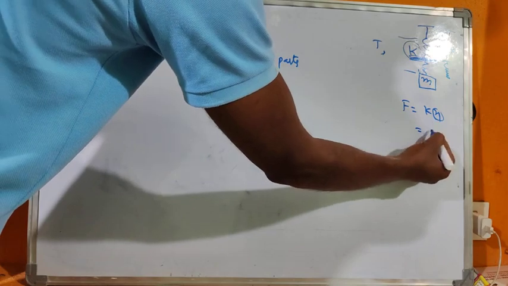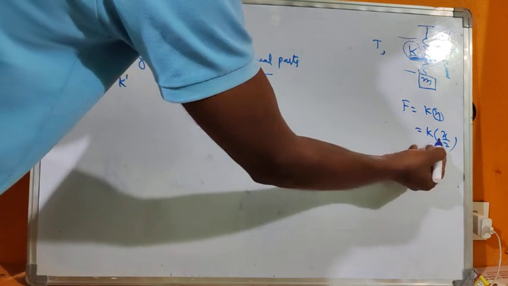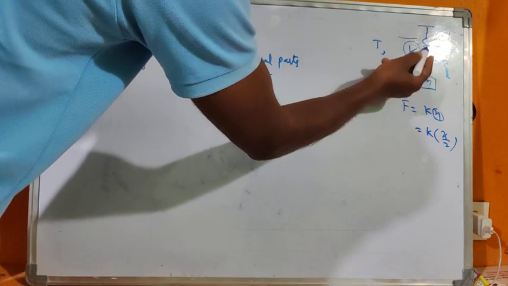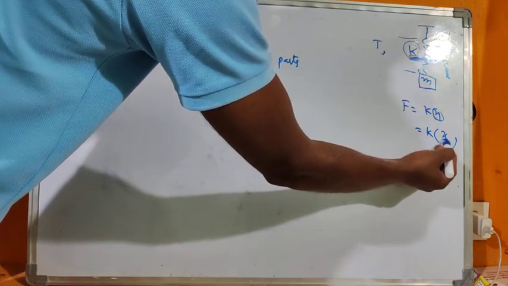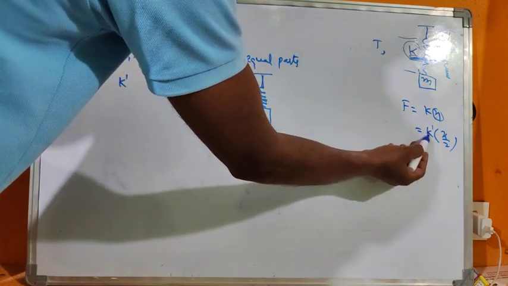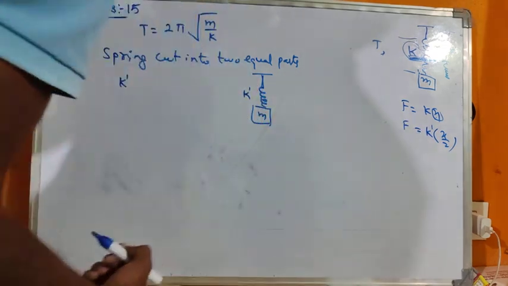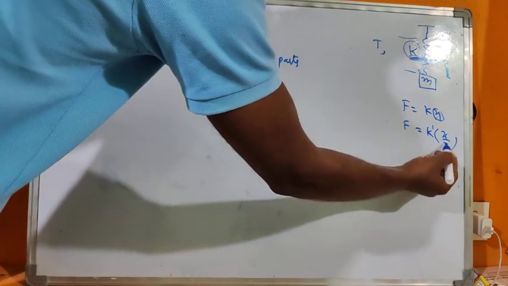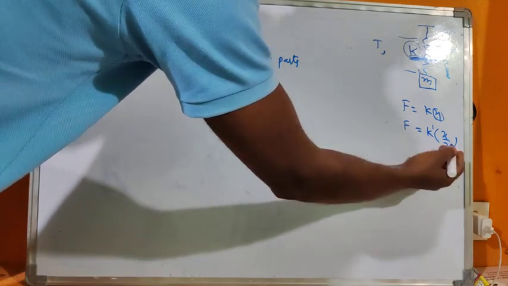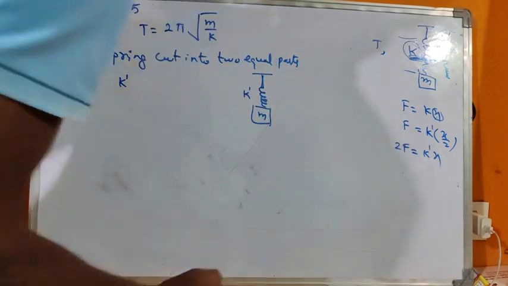If the length of the spring is cut into two pieces, that is x by 2, meaning the length of the spring is decreased by half, then the affected spring constant we take as k prime. Then F is equal to F, so 2F is equal to k prime into x.